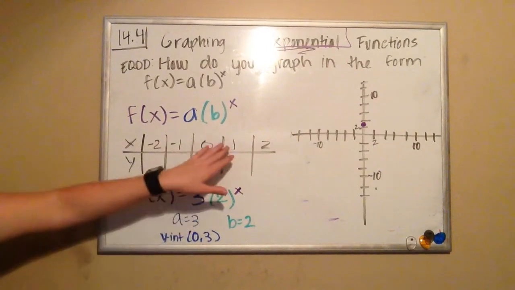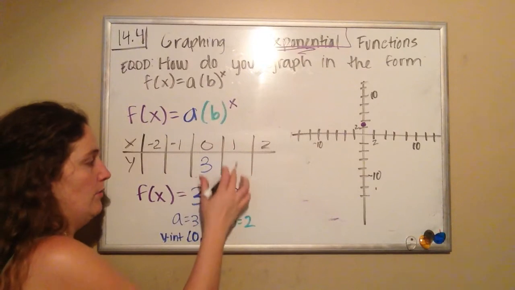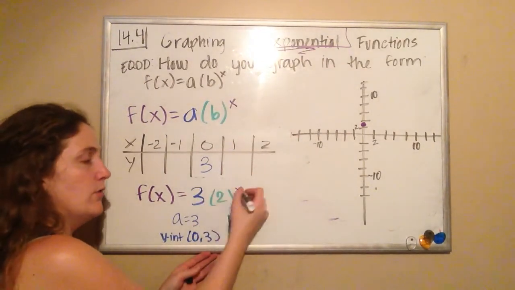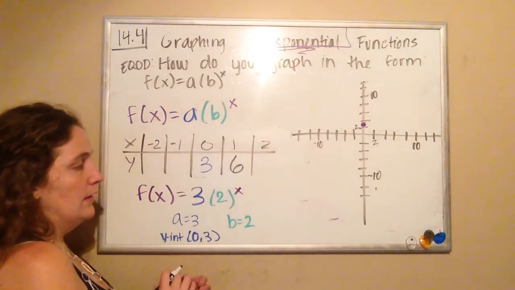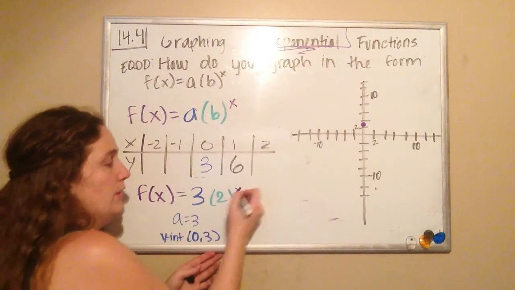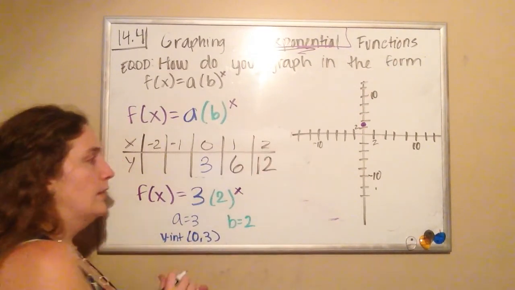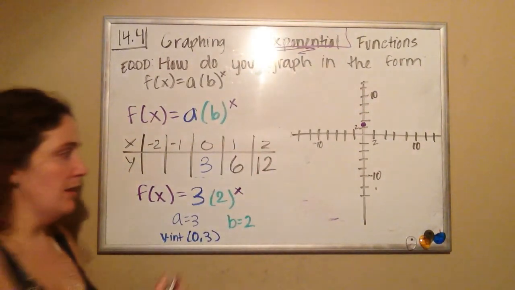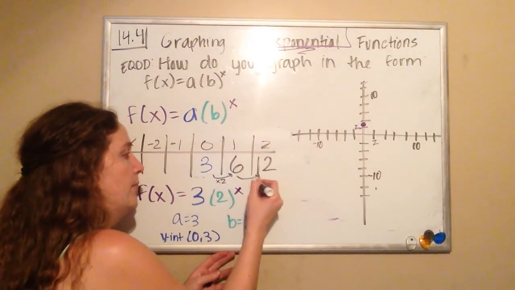Alright, now let's just plug in a 1 to solve for this coordinate point right here. If we plug in a 1, 2 to the first power is 2. 2 times 3 is 6. If I plug in a 2 here, 2 to the second power is 4. 4 times 3 is 12. Okay? Well, let's notice something here. We already knew we were going to be multiplying by 2 each time.